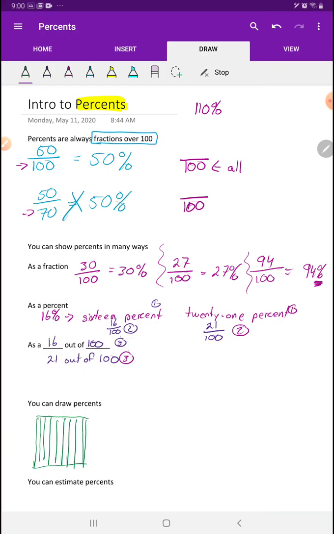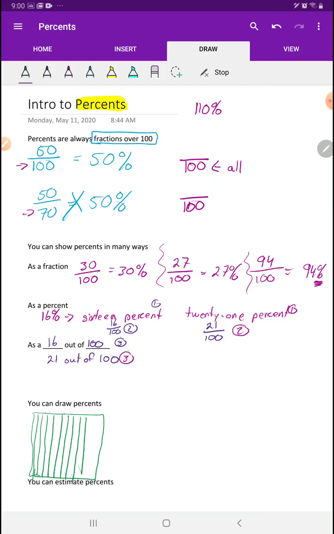Oh, shoot. Let me start that again. That didn't work very well. So you make yourself a box. Why do we divide it into 100 pieces? Because we're talking about percents, and percents are always out of 100.